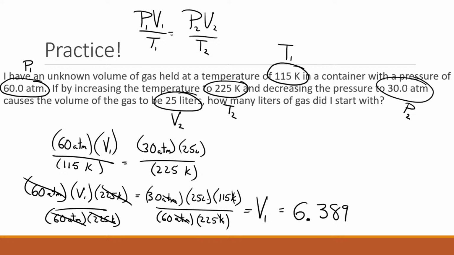Meaning the only unit that I have left is liters, which makes sense because we're talking about a volume measurement. So with careful identification of our variables, careful plugging in and solving, we get our answer of 6.389.